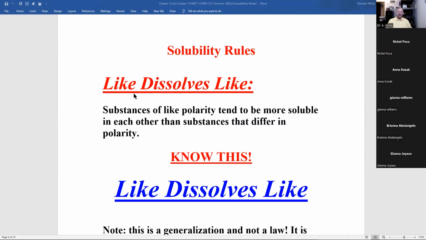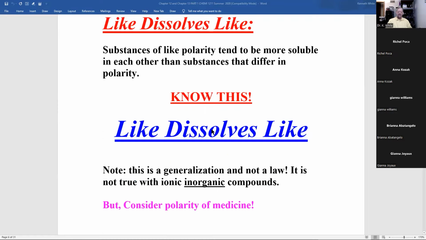All right, what is like dissolves like? It's a rule of thumb. How do you like that? Thumb. It could be this thumb too. And a rule of thumb means most of the time, like 95% of the time, it's true. It's not 100% true, because then we'd call it a law. But most of the time, 95, 98%, this is true. And what is like dissolves like? Substances of like polarity tend to be more soluble in other substances than substances that are different.